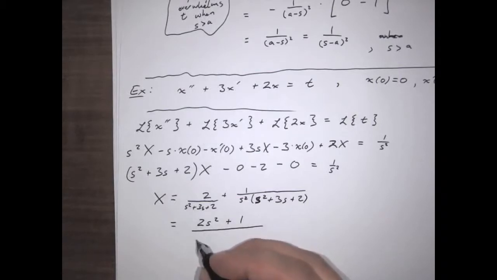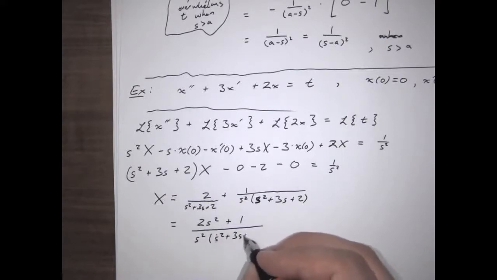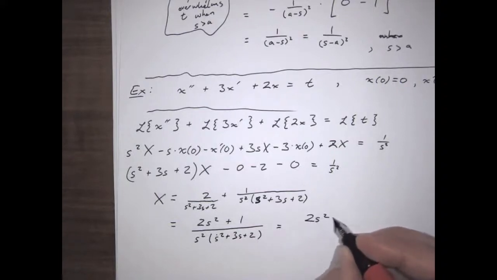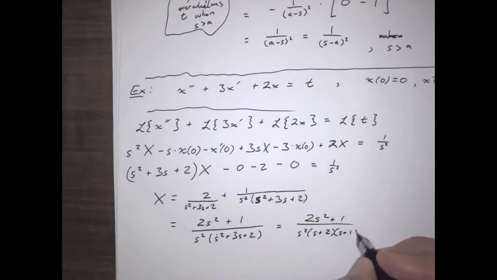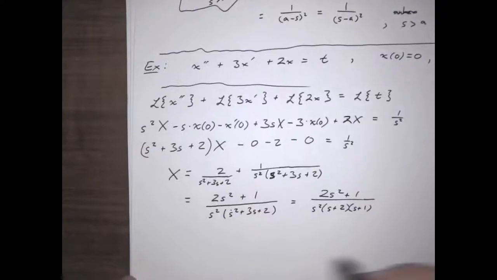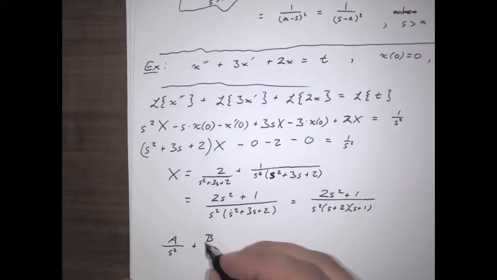divided by s squared times s squared plus 3s plus 2, which is going to equal 2s squared plus 1 over s squared times s plus 2 times s plus 1, which again is going to be an occasion for partial fractions, and so A over s squared plus B over s.